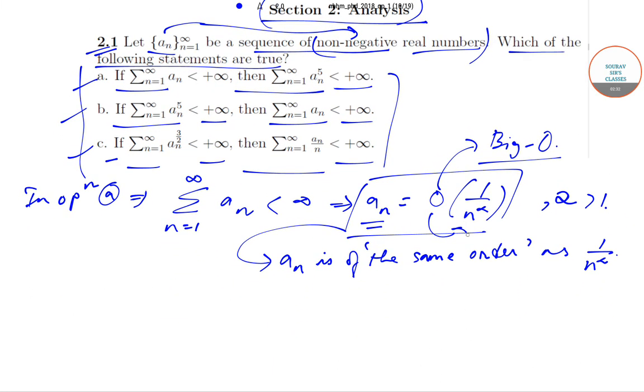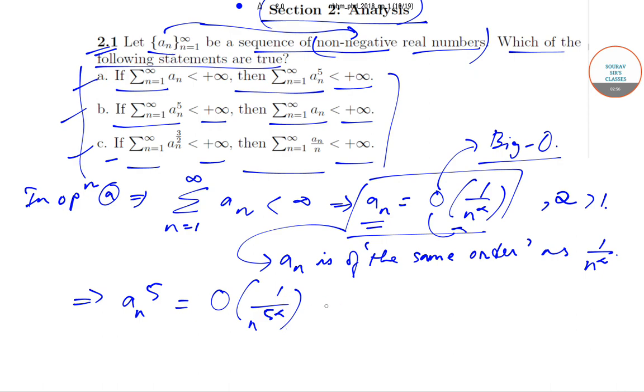So if a_n is of the same order as 1 by n to the power alpha, that will imply that a_n to the power 5 is of the same order as 1 by n to the power 5 alpha, or a_n to the power 5 is equal to big O of 1 by n to the power 5 alpha.